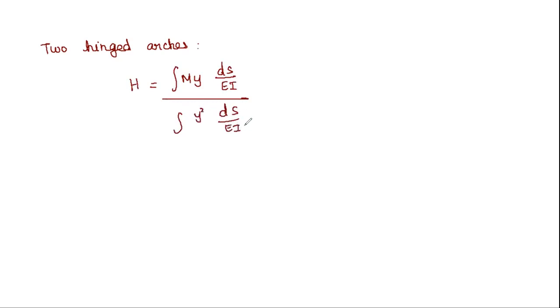The analysis of 2-hinged arches is somewhat more difficult than 3-hinged arches, so it will be very useful to make hints of the results so that you can use the formulas directly in competitive exams.